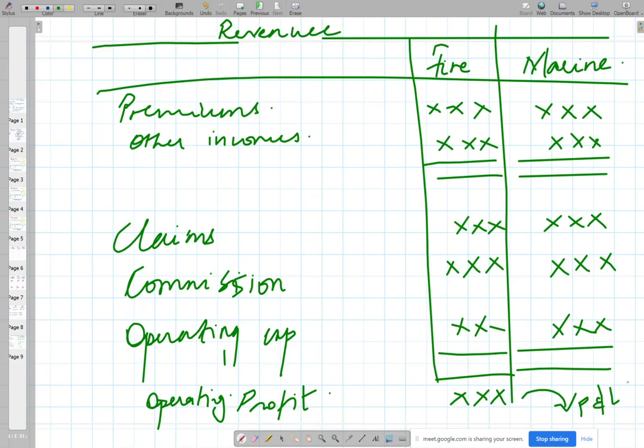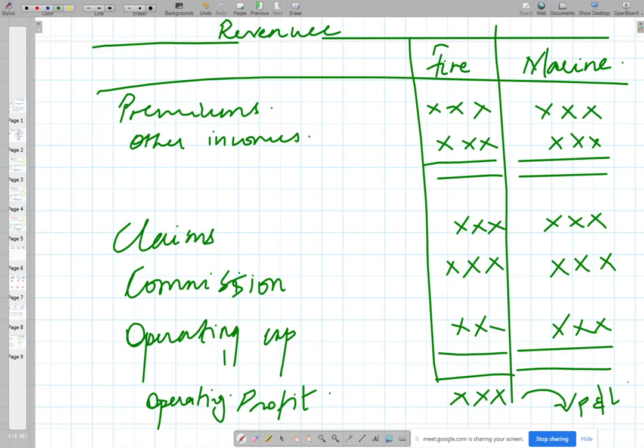We used to have something called a trading account, which is generally not followed nowadays with the new format. But the trading account would show gross profit, the profit you made from purchases, sales, and all other manufacturing and trading expenses, and whatever gross profit came, we used to transfer it to the P&L. And finally in the P&L we used to get net profit. This is somewhat similar to that.